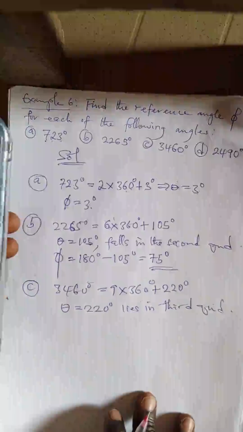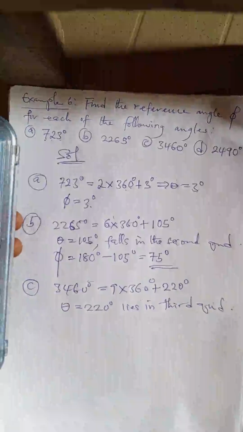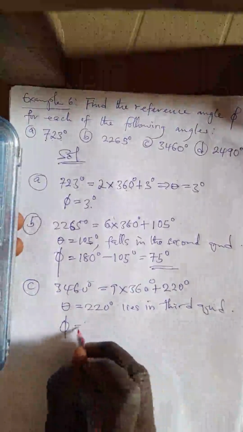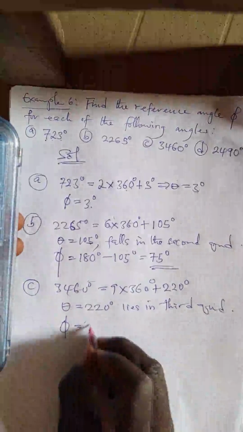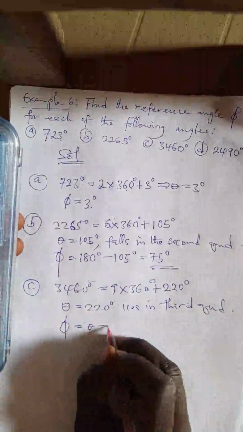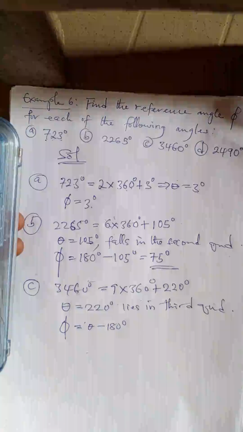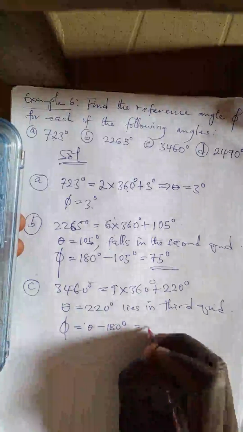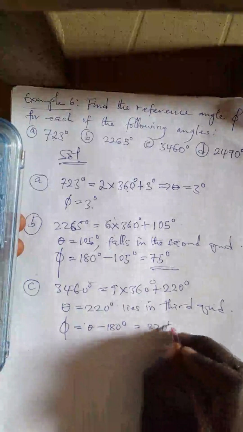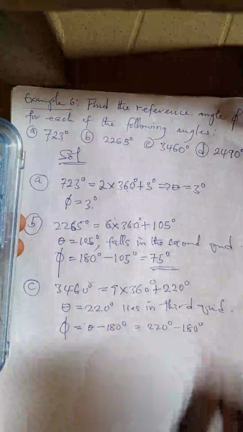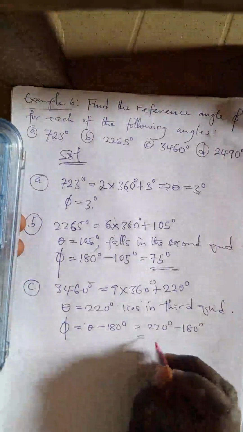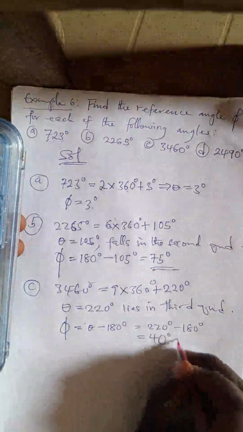And since it lies in this third quadrant, it means the reference angle for theta is equals to theta minus 180 degrees, and that is the rule in the third quadrant. So what is phi now? Phi is equals to 220 degrees minus 180 degrees. So 220 minus 180, the answer is going to be 40 degrees.